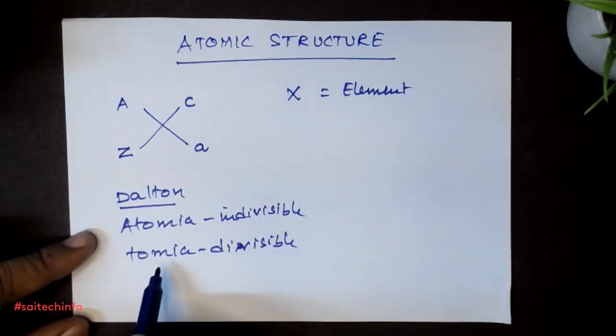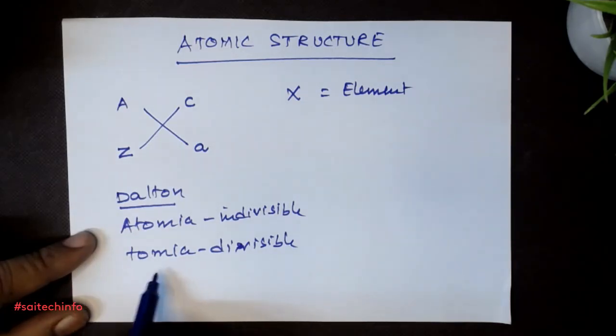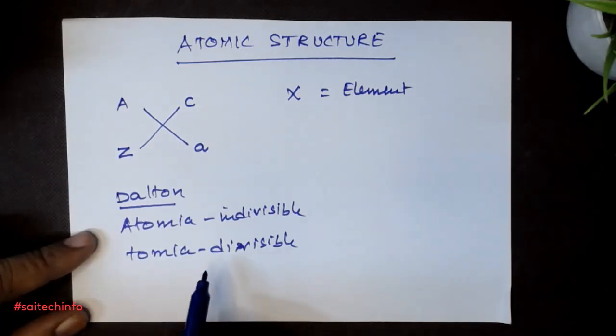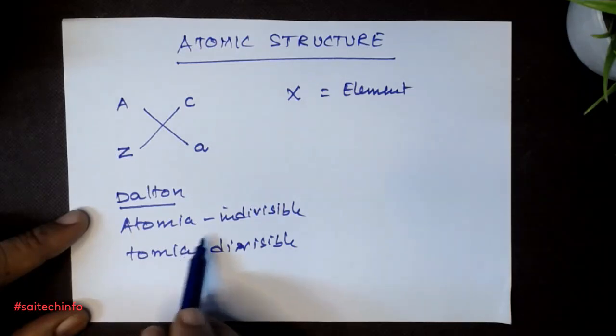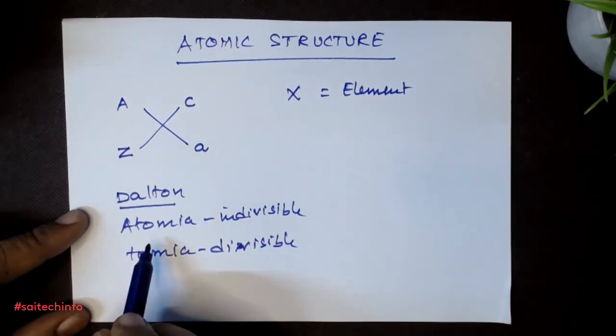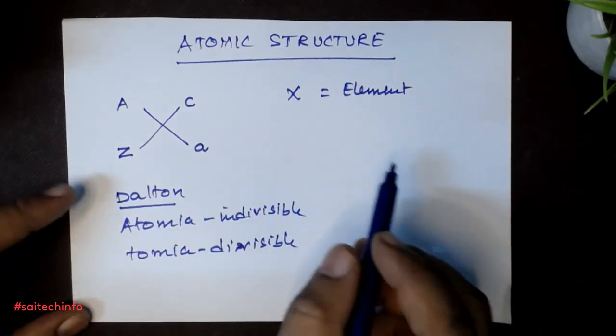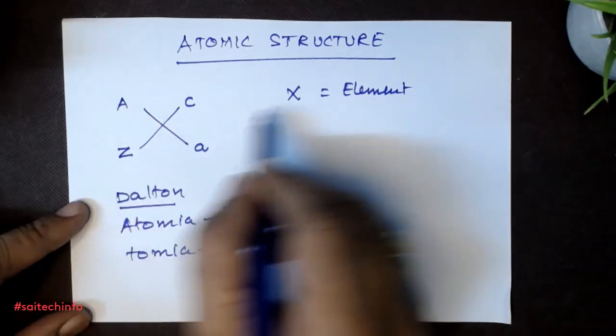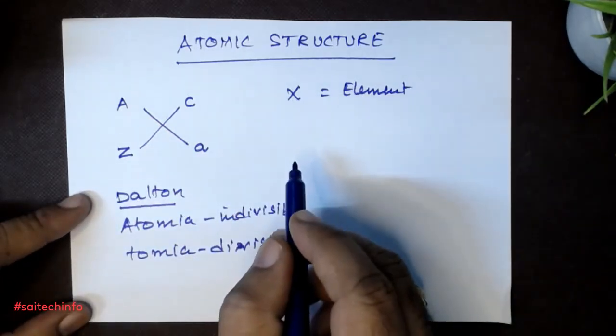Actually, the atom should be truly called tome, but it is an accepted error in science, so we still maintain indivisible, that is atomos. Okay, right. An element can be represented as X.